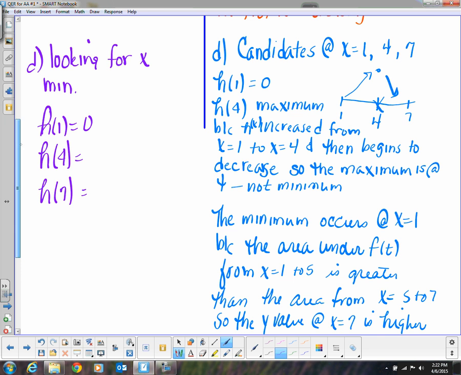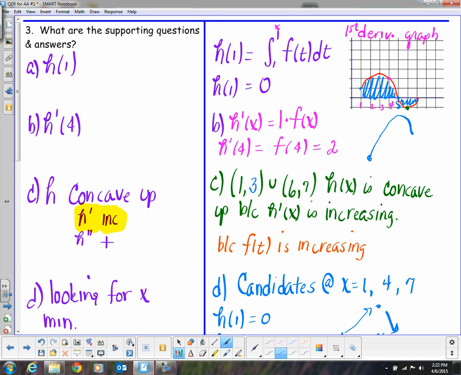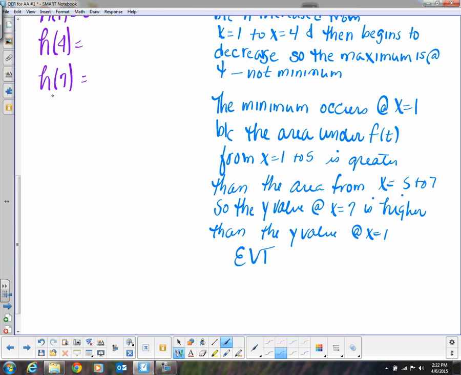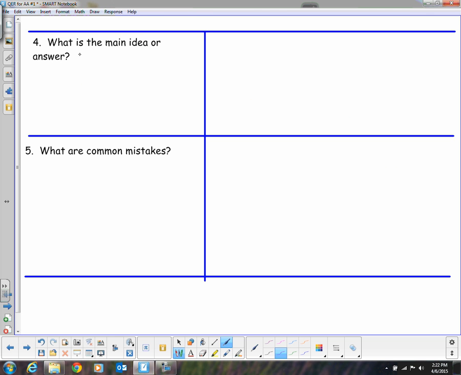But unfortunately, it wasn't that way because of the curves. We couldn't find those exactly. All right, so then, what is the main idea or answer? We did the A, B, C, D. I'm going to put C number 3.